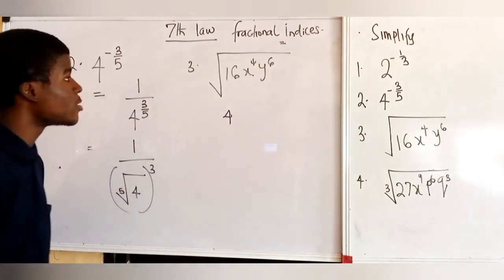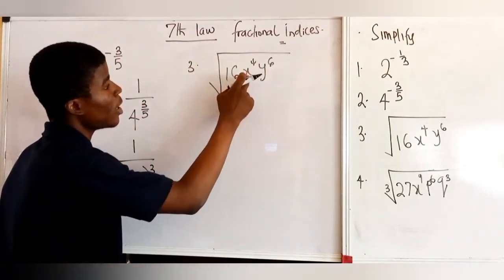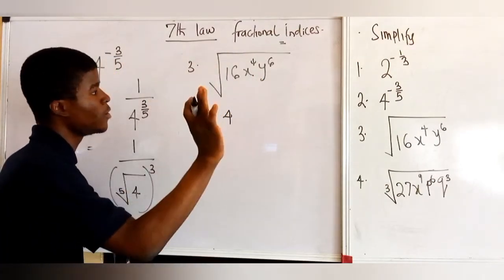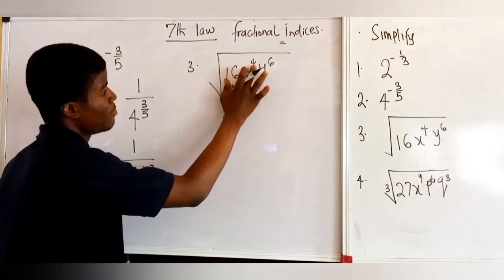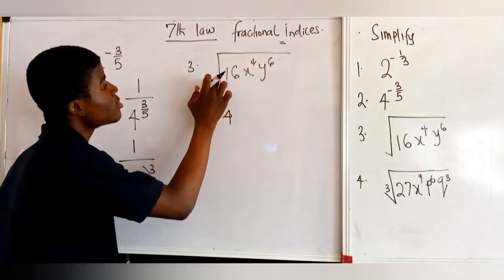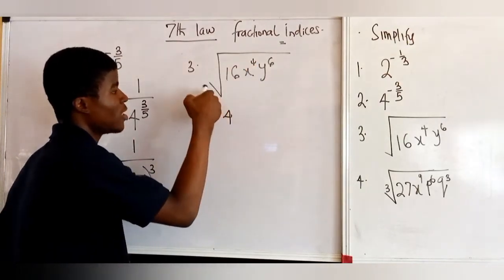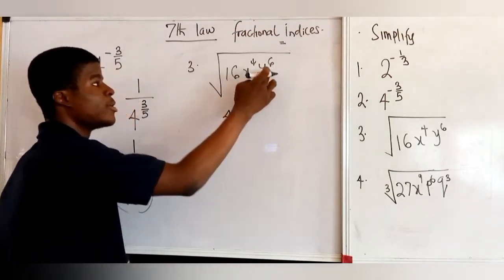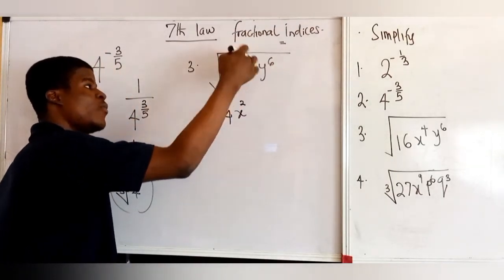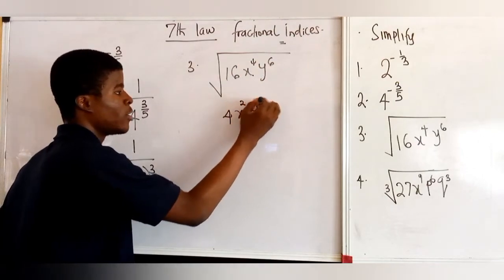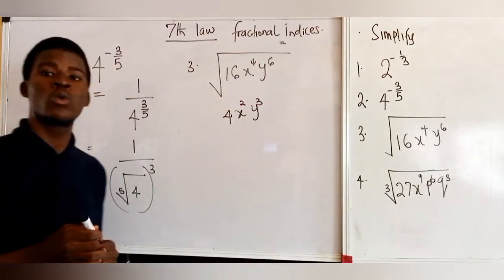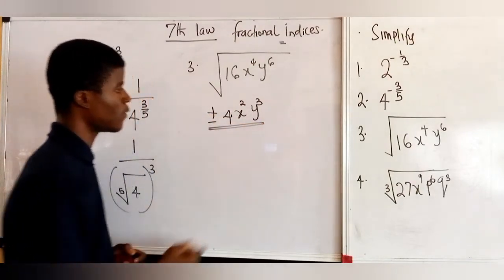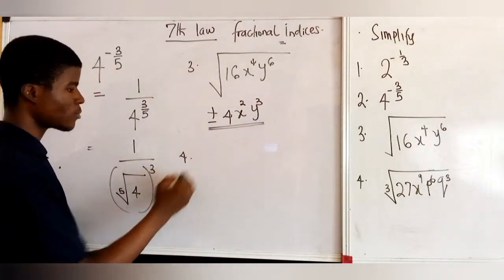Now, x to the power of 4. This 4 here as a power, we divide by 2, serving as the square root. So I have x to the power of 2. In the same vein, 6 here, we divide by 2, I have y to the power of 3. And you know that square root is either positive or negative. Don't forget.